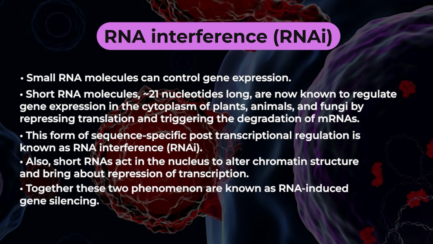Together, these two phenomena, post-transcriptional gene silencing and transcriptional silencing, are known as RNA-induced gene silencing. The main two types of RNA molecules that take part in RNA interference are microRNA, known as miRNA, and small interfering RNA, or siRNA.